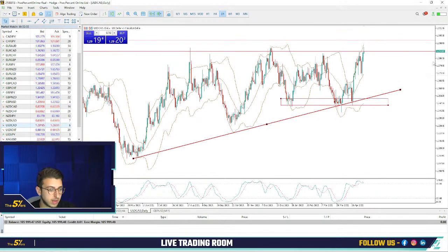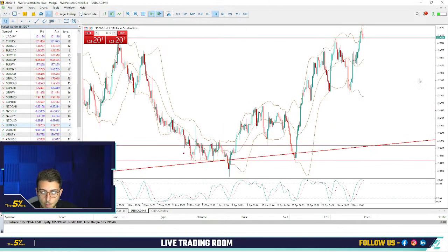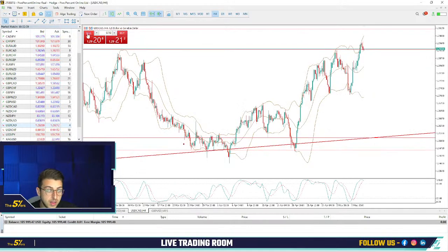If you want to expect a breakout, maybe on the H4, if you highly believe that it's going to be a breakout on the upside, you could also be buying here at the demand. But buying here would be highly difficult to manage, like I explained just before.